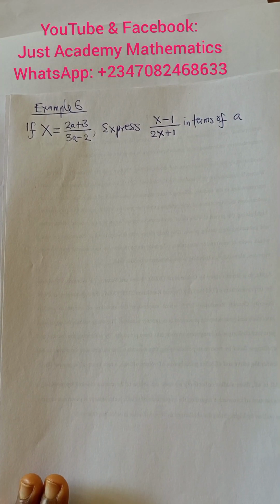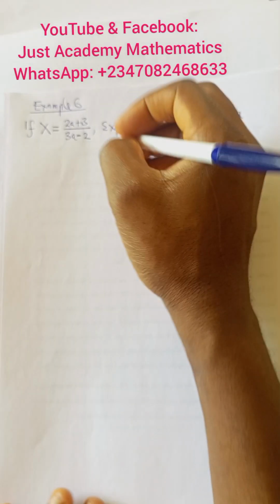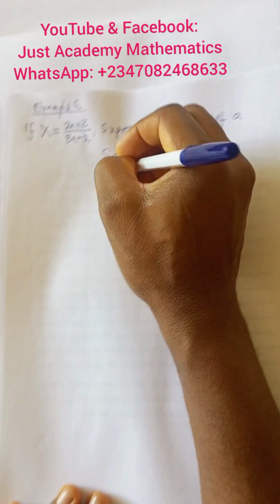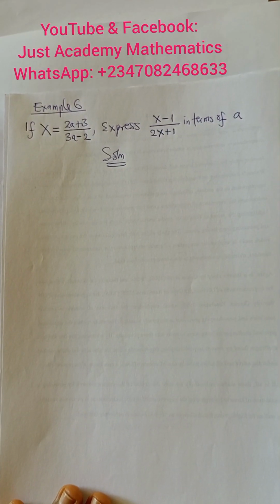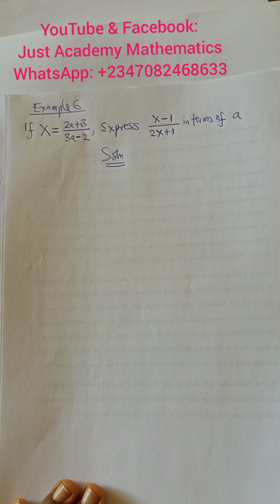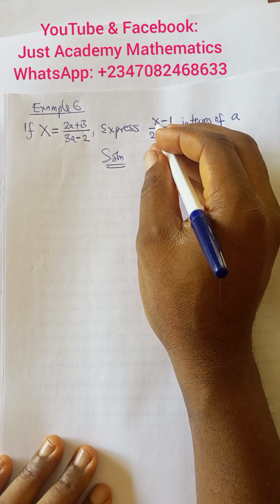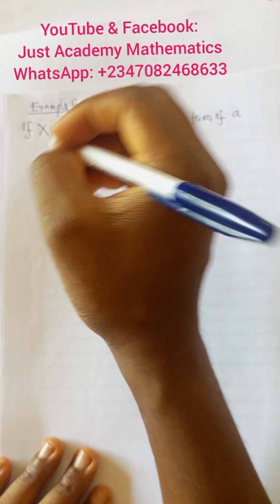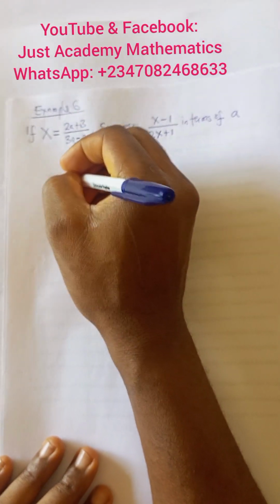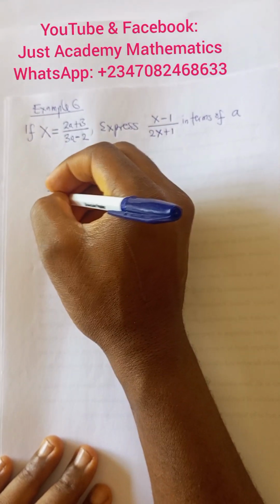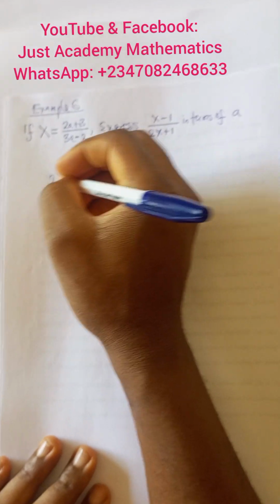Okay, the same thing is applicable here. We'll just substitute directly. We know the value of x, so we want to express in terms of a. So here, anywhere we see x, we replace it with 2a plus 3 over 3a minus 2.